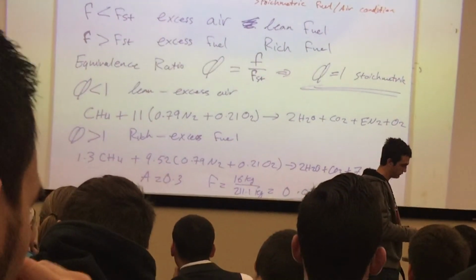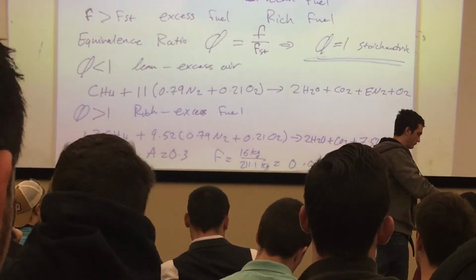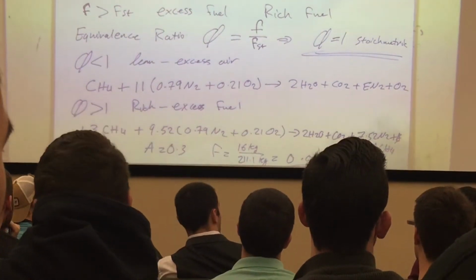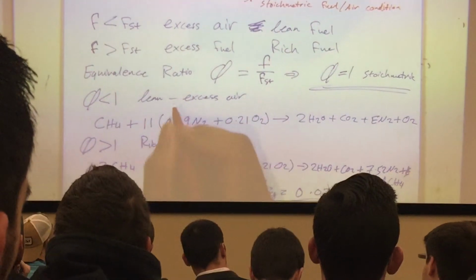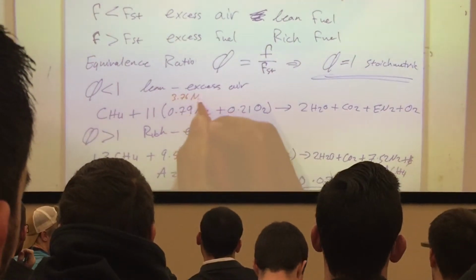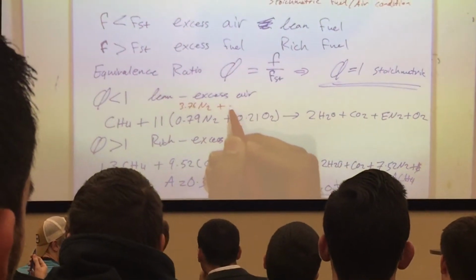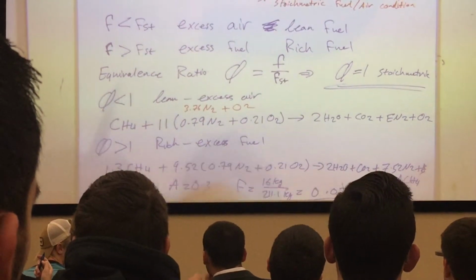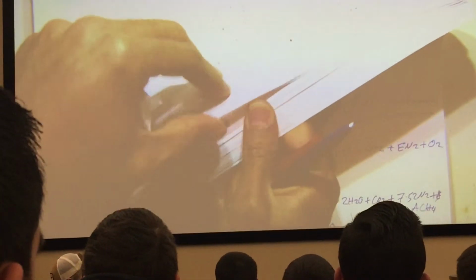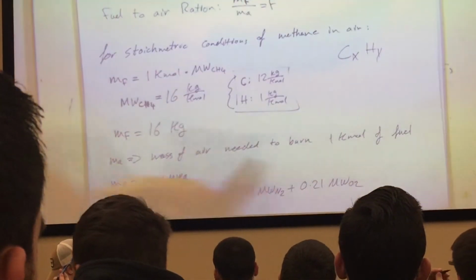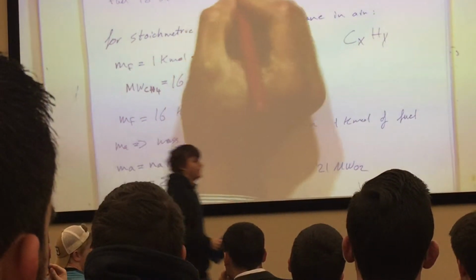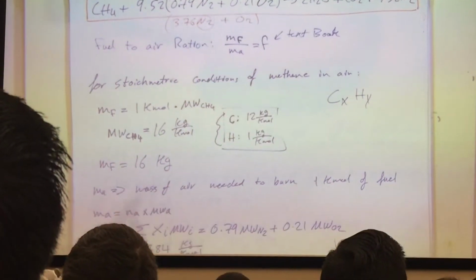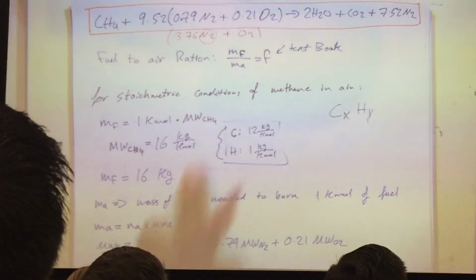Now, some of your colleagues had questions over the weekend. They found examples that had 3.76 of nitrogen plus oxygen. Well, this takes into account that there's 2 moles of nitrogen and 2 moles of oxygen.